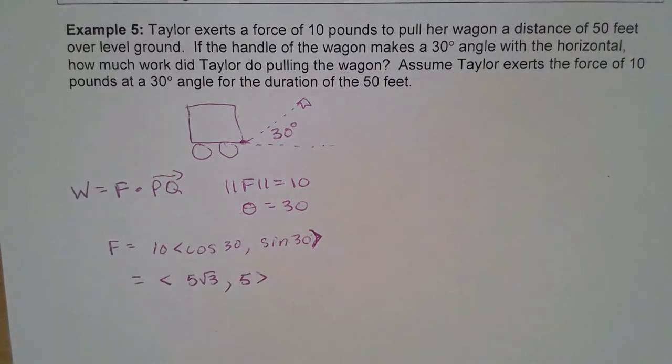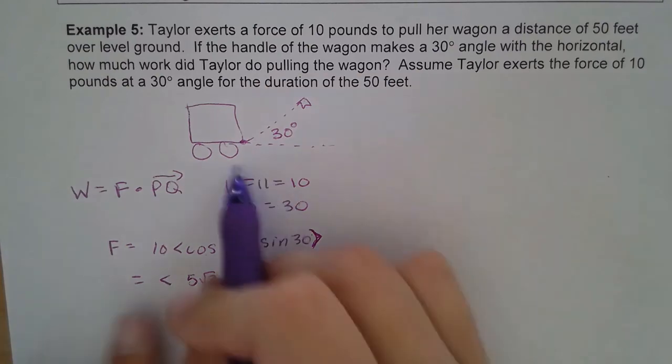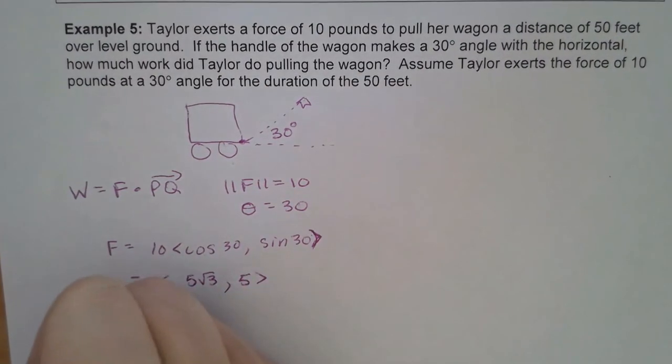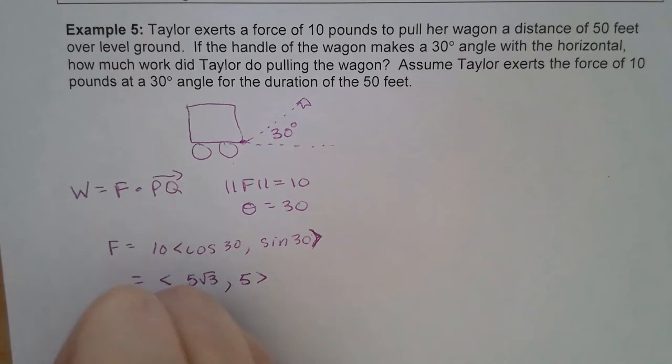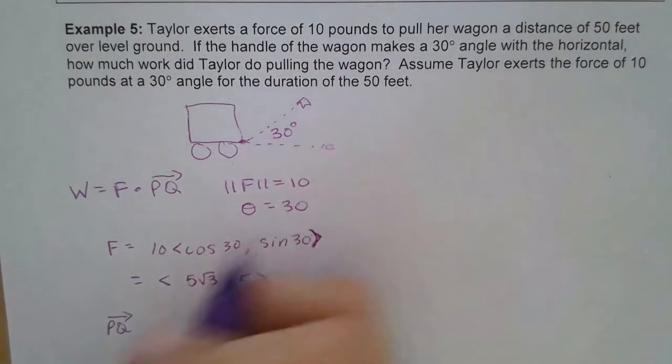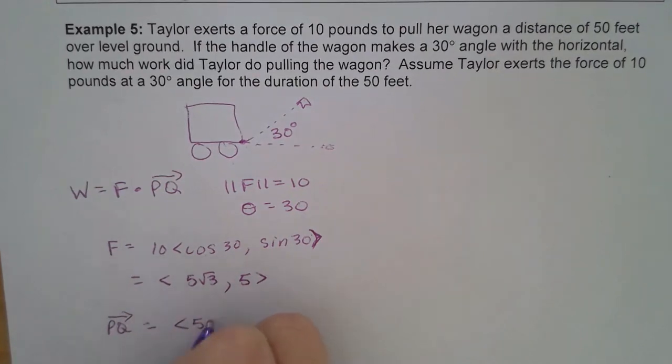And then we are pulled along the x-axis, right? So if we think of vector PQ, we are starting at 0 and going 50. That would be the vector 50, 0, because we're just going horizontal towards the right.